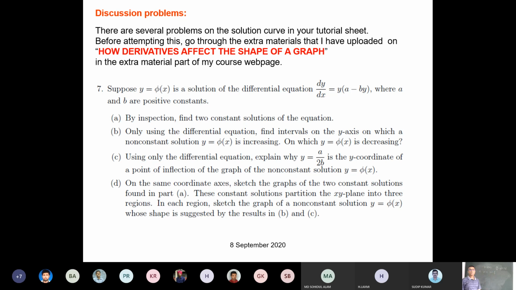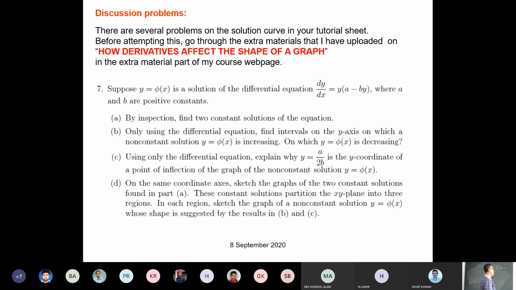If you plug those values into the right hand side, you can see that either of them yields the right hand side as 0. And being constant, their first order derivatives are themselves 0. So we have verified that these two are solutions, and as you can see, they are constant. These are the two constant solutions of this equation.